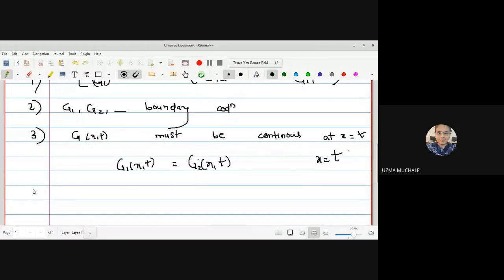The next consideration is that the derivative has a discontinuity of order minus 1 upon p of t.